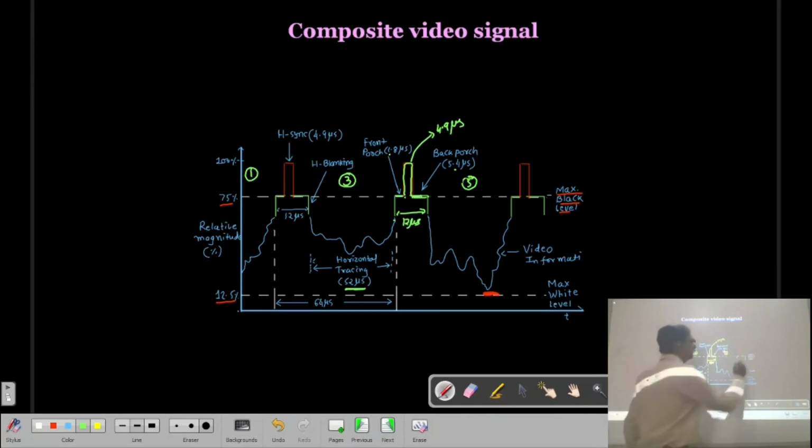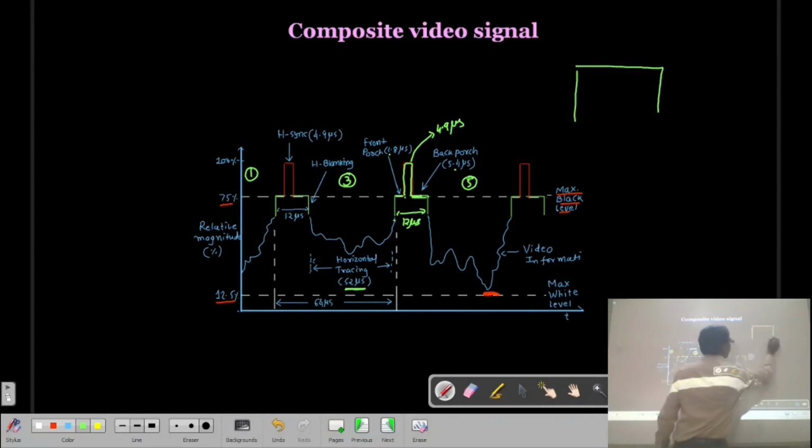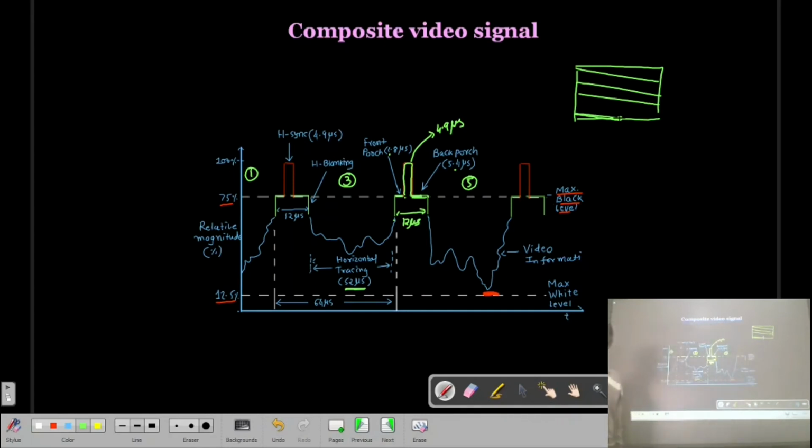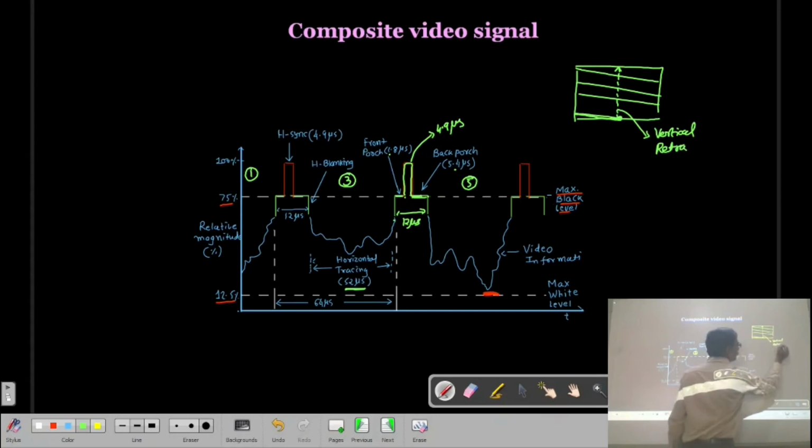Then the electron beam, after lines 1, 3, 5, finally comes to this position. And this electron beam will now move to the top of the screen at this position. So this is known as vertical retrace, or you can say vertical blanking.